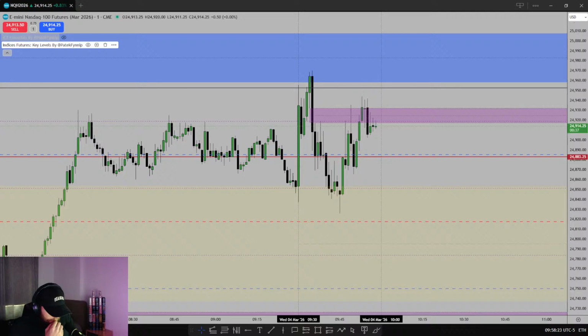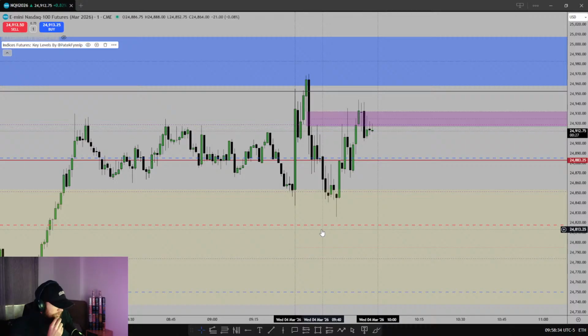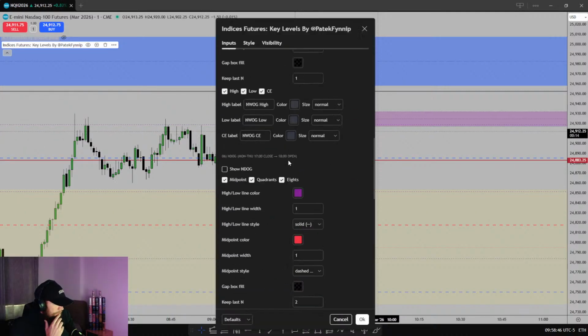Okay, let me see what you guys said. Draw on liquidity, buy side. Yeah, I'm more on the buy side than on the sell side, but we already took both sides in here, so it's hard to tell. Clustering of new day opening gaps, let me see.